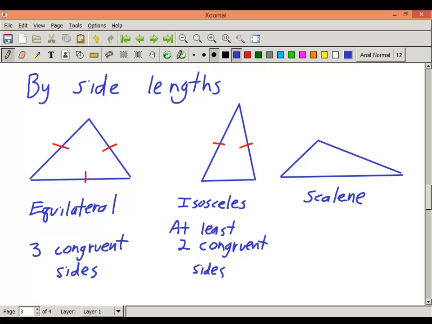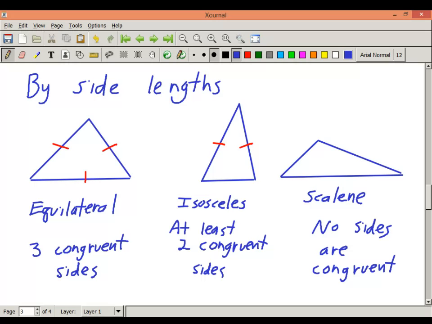And then a scalene triangle has no equal sides or no congruent sides. So scalene triangle, no sides are congruent.